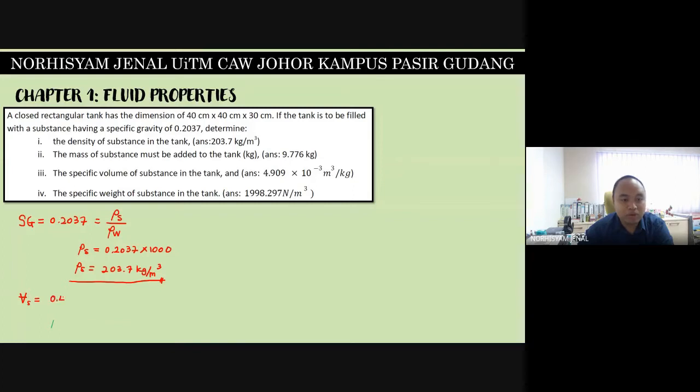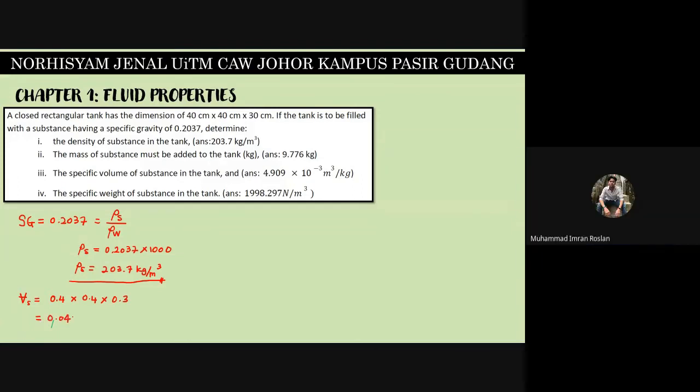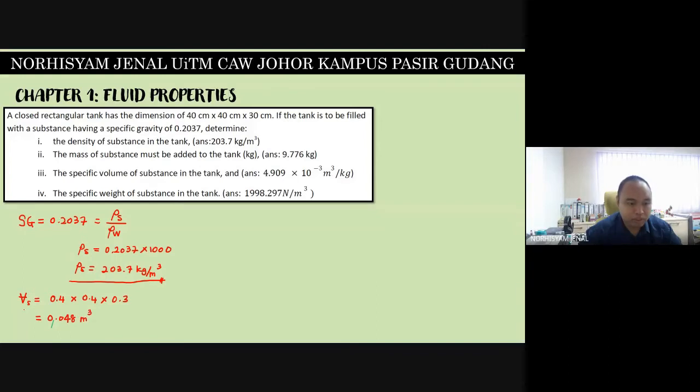So 0.4 multiplied by 0.4 multiplied by 0.3. I need your help to calculate this with me because I forgot to bring my calculator today. I'm using my phone and it's not reliable. So I get around 0.048 meter cube. Yeah, 0.048 meter cube.